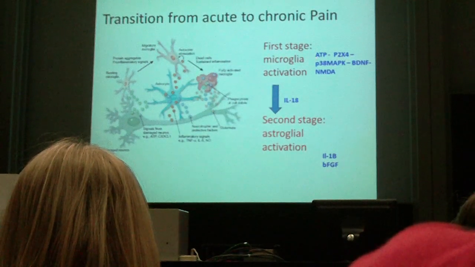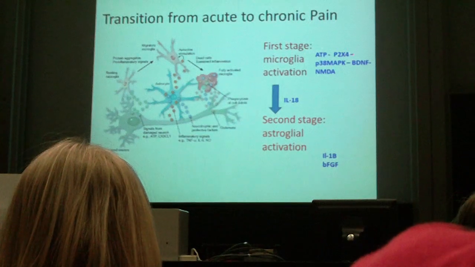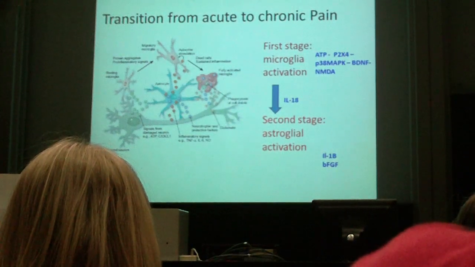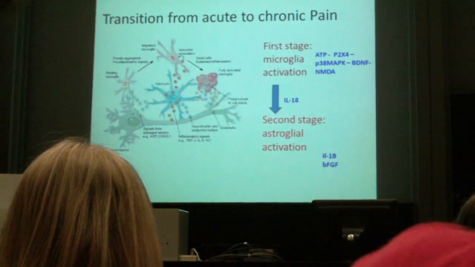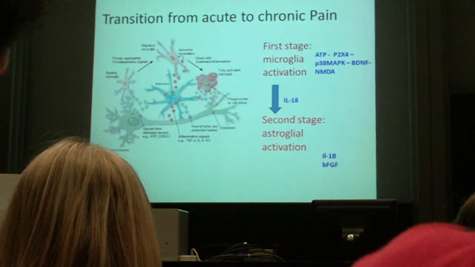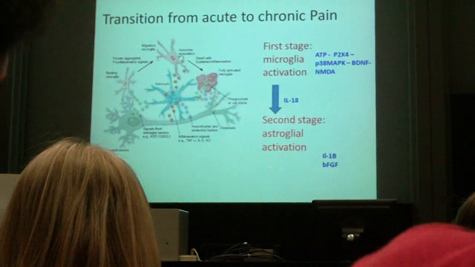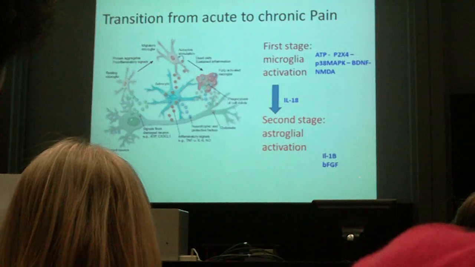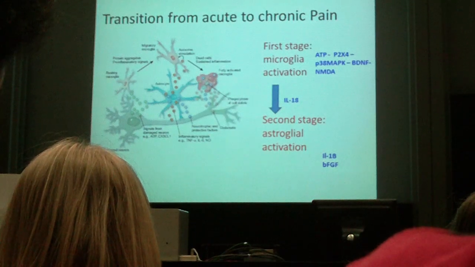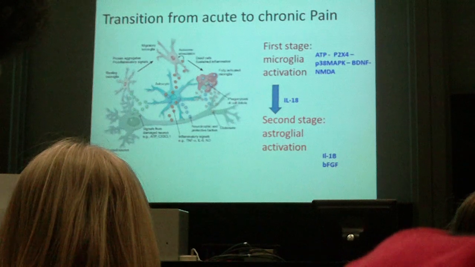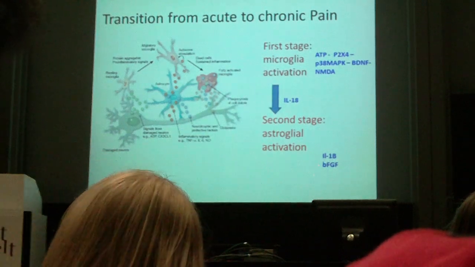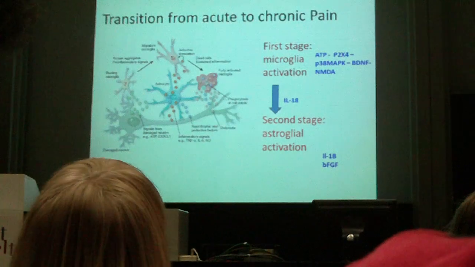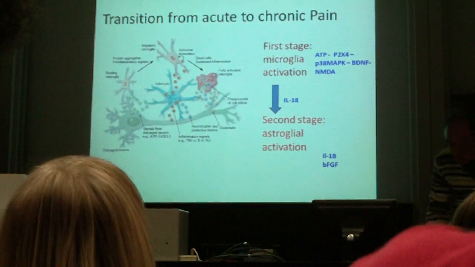I showed you ATP release, purinergic receptors with not yet very selective blockers, activation of MAP kinase and release of BDNF, which affects the central sensitization, production of interleukin 18, which activates the astroglial cells, and these astroglial cells continuously produce a cytokine, interleukin 1 beta, which also interferes with the NMDA receptor through this autocrine loop induced by the bFGF production.